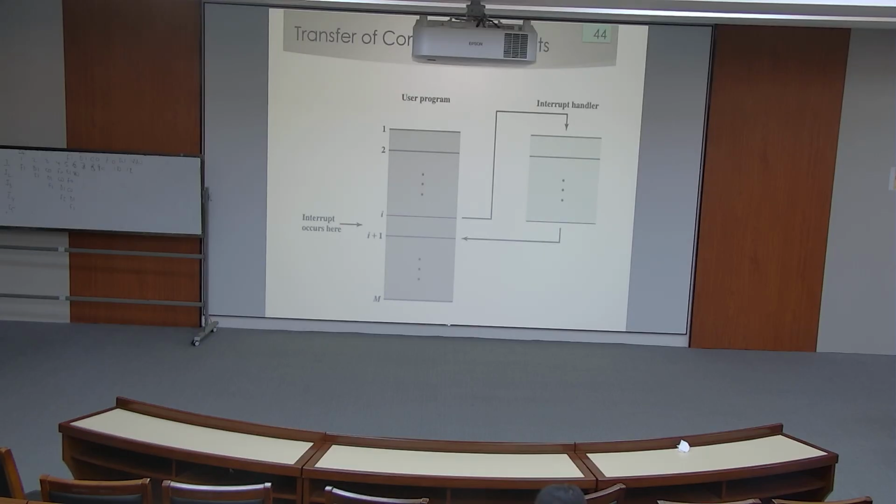Now, what does this mean to the user? From the user's view, an interrupt is just a stop of the normal execution of the program. Now, you see we have the user program at time 1, it's normal, time 2, it's normal. At time I, there is an interrupt.